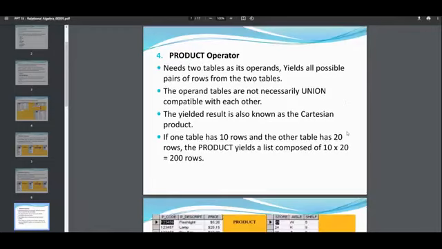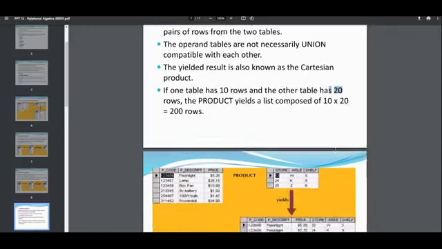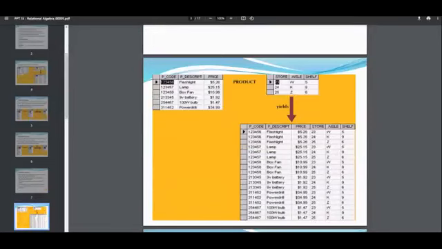Product operator, it is different. No need to be union compatible. So if one table has 10 rows, the other table has 20 rows, it composes 10 into 20, 200 rows. Look at this example, flashlight, right? These three need to be added for flashlight.